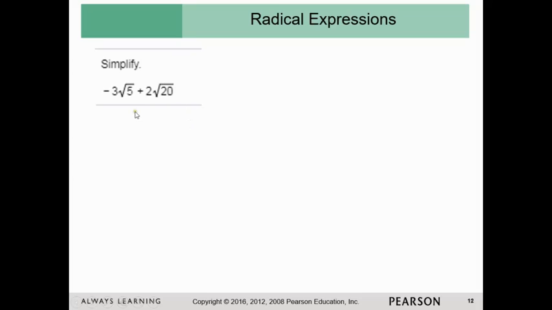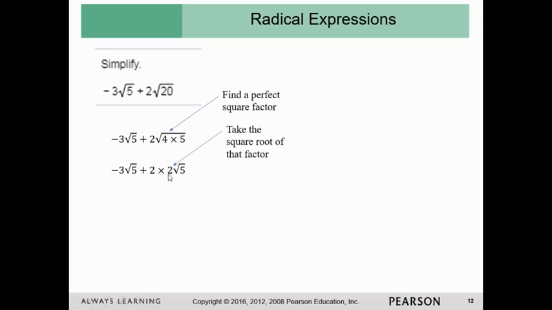So now we're going to simplify this one here. First thing we do is find the perfect square factor of 20, which is the same thing as 4 times 5, 4 being the perfect square factor. We take the square root of 4, we move it outside. Now we multiply by the number on the outside of the radical, 2 times 2, because we took the square root of that factor.